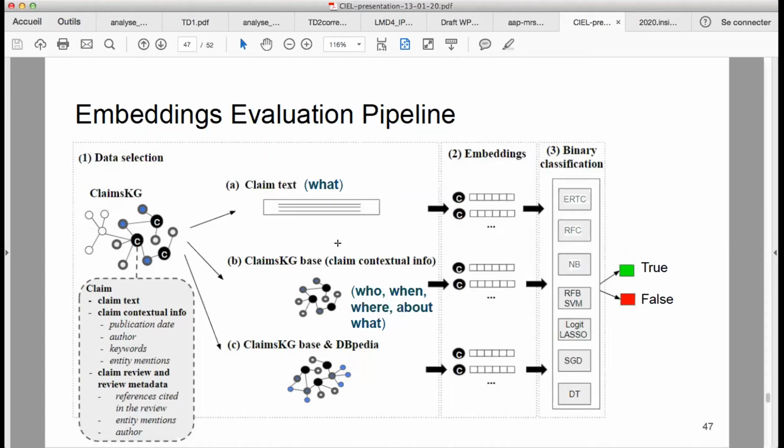And then based on these three different corpora, or three different data sets, we have learned vector representations, and we have used them, applied them in order to perform binary classification for the task of predicting the truth values of the claims. So again, this is work which comes to illustrate how embeddings can be learned and what we can do with them.